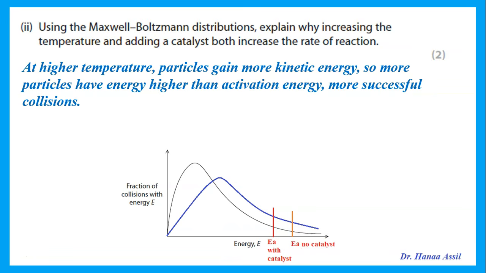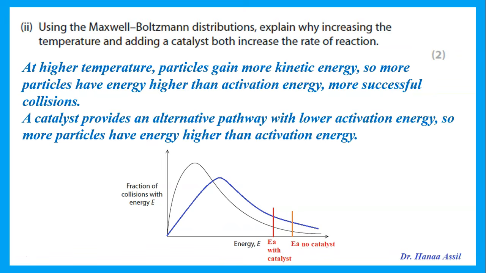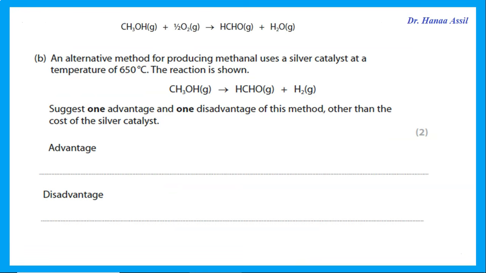More particles have energy higher than the activation energy, so there are more successful collisions. A catalyst provides an alternative pathway with lower activation energy. So instead of having the activation energy to the right, when there is no catalyst, the activation energy moves to the left. So now there are more particles with energy higher than the activation energy, so more successful collisions.